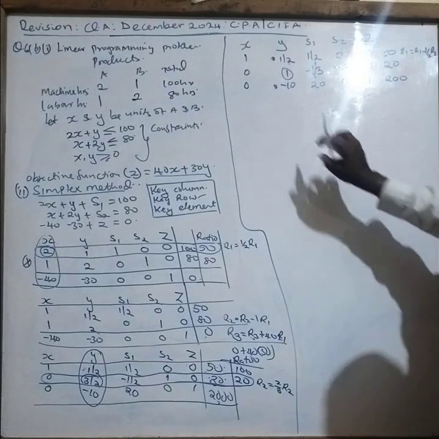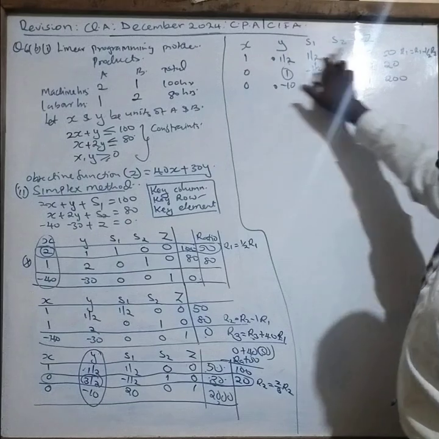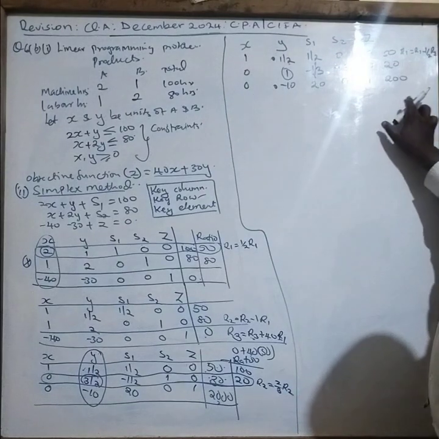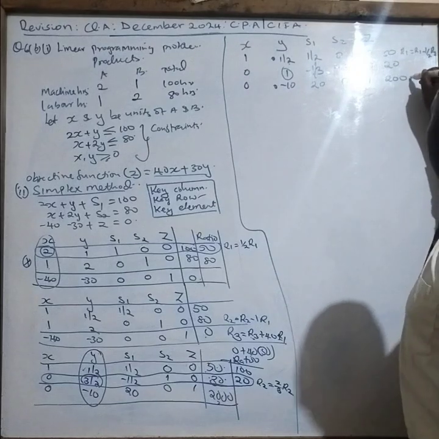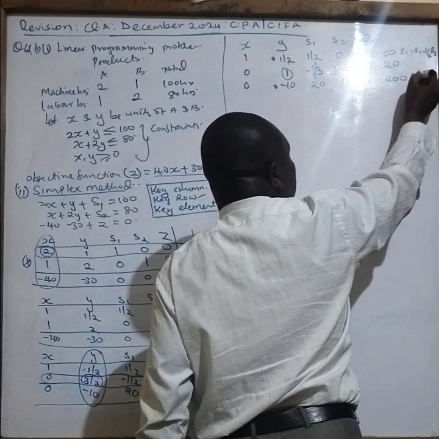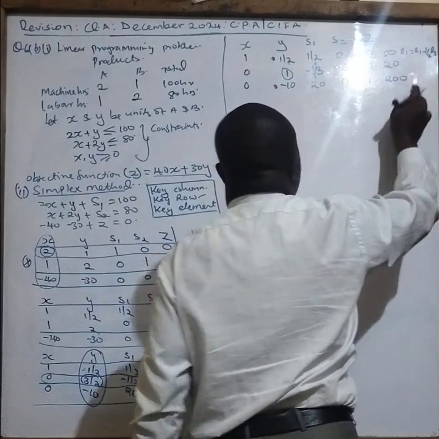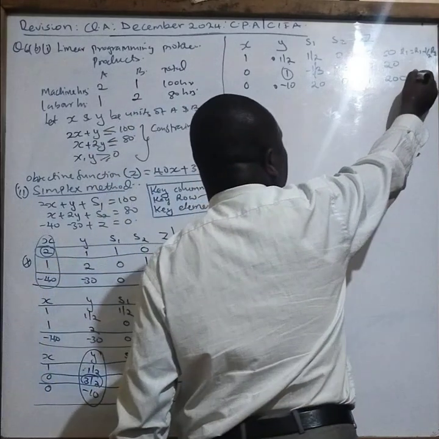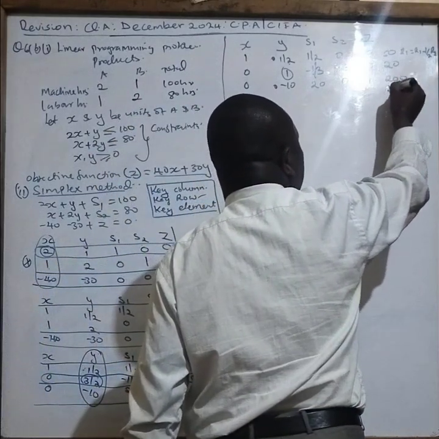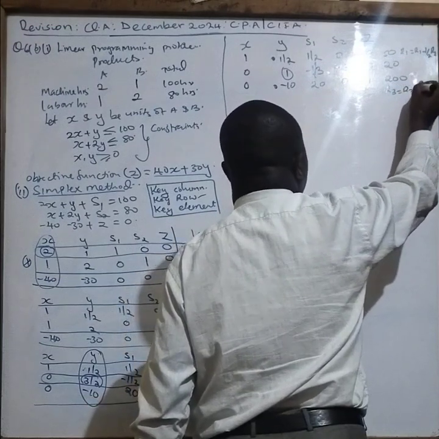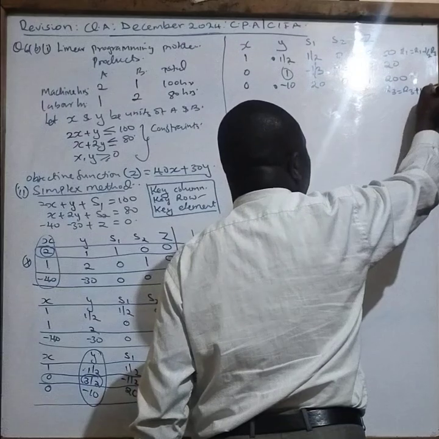Therefore, I am adjusting the first row, and I also want to adjust the third row. So for the third row here, I will take R3 equals R3 plus 10 R2.